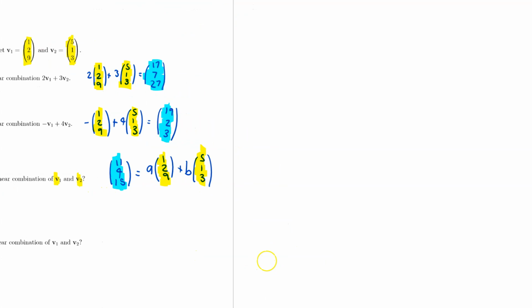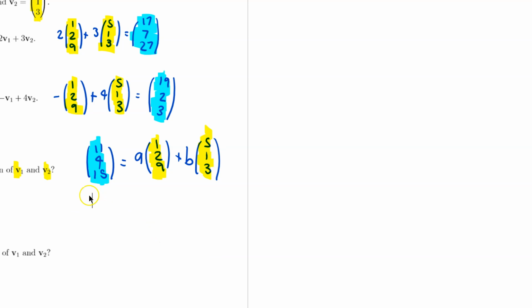Notice how I can write this equation in the typical linear equation form. Let me move the (11, 4, 15) to the right hand side, just so we are more familiar with this form. So my variables are on the left hand side and my constants are on the right hand side.